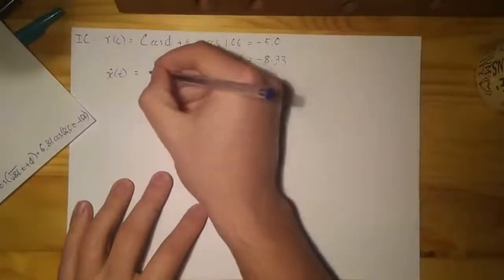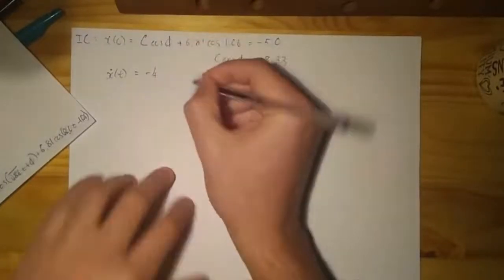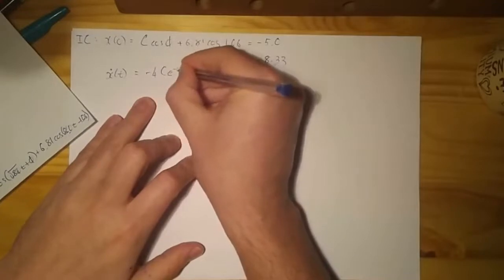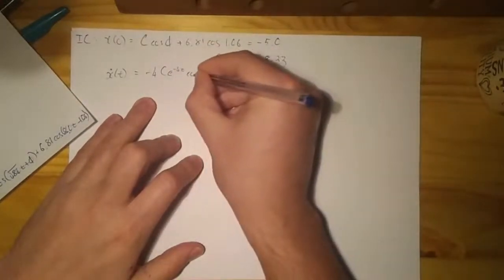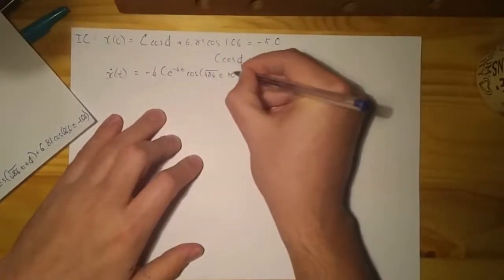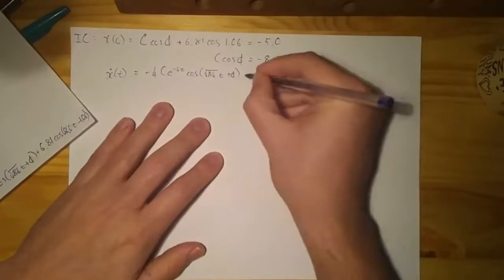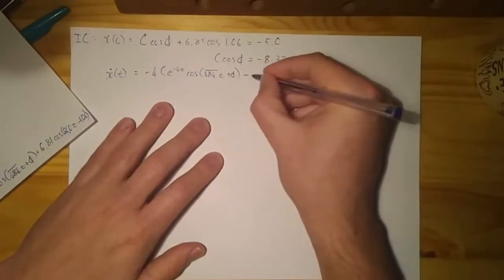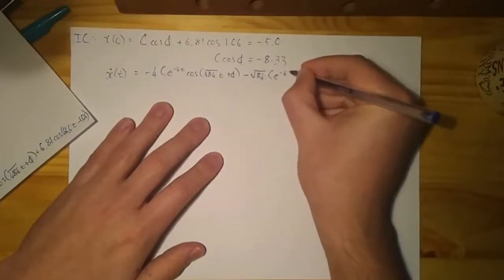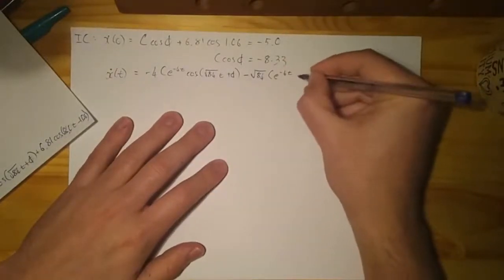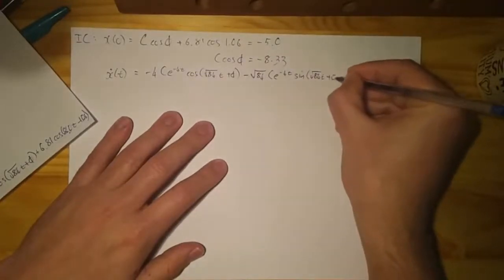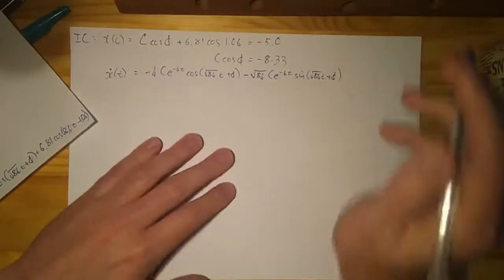So minus 4c e to the minus 4t cosine(square root of 84 t plus phi), and then minus square root of 84 c e to the minus 4t sine(square root of 84 t plus phi). That does the one. The other one will be easier.